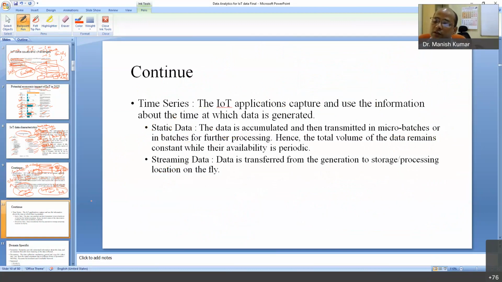Time series: certainly in IoT, we are very much interested to store the data with a time variant. The reason is very simple: there are certain applications where we are looking for prescriptive analytics, where you generate patterns out of the data and then you take actions.